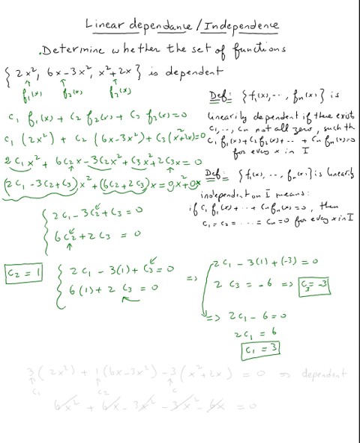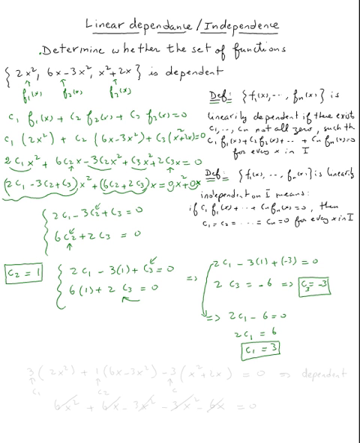So we found three constants, not all of them 0, such that c1 times 2x squared plus c2 times the second function plus c3 times the third function is going to be 0. Therefore, it's dependent.